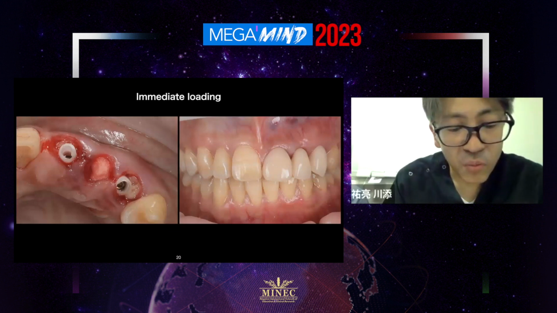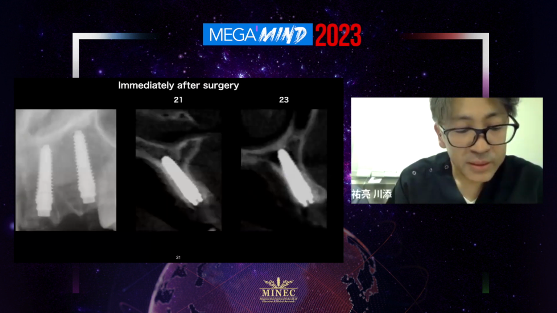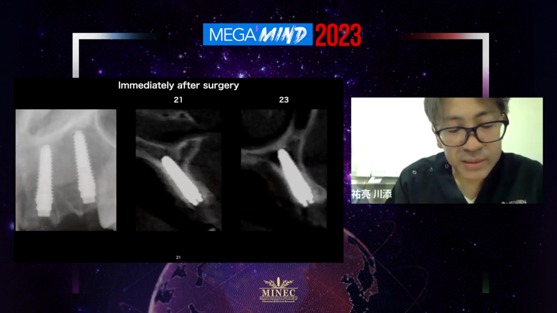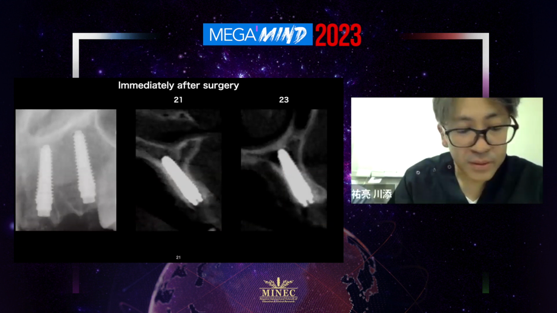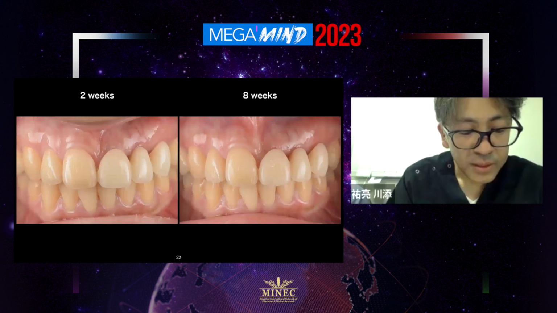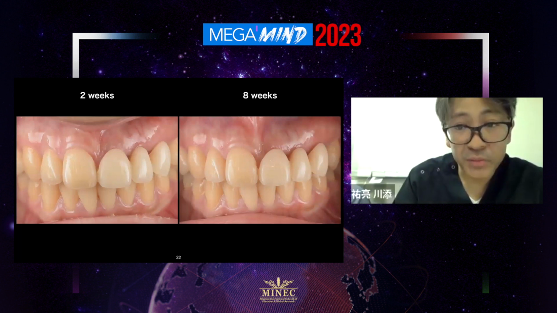Temporary abutments were then placed and immediate loading was performed. The X-ray showed that the implants were placed in the correct position. As the progress of the implant site was good, I measured the ISQ again 8 weeks after the operation.